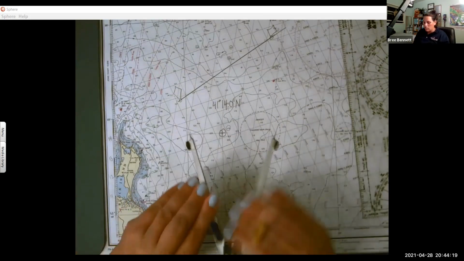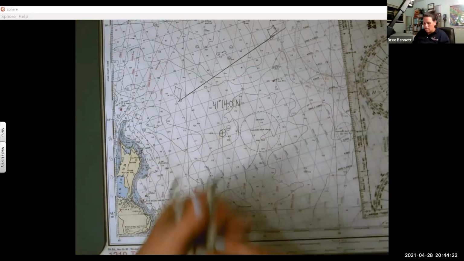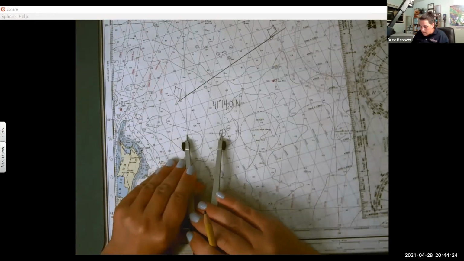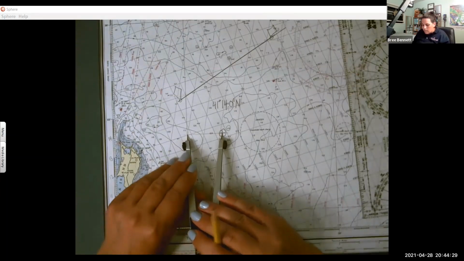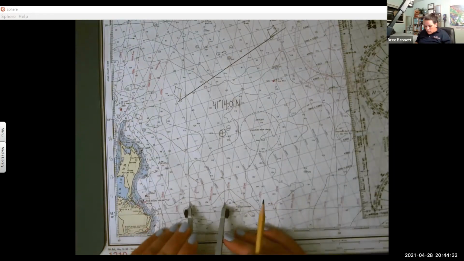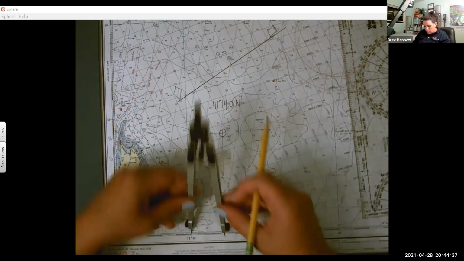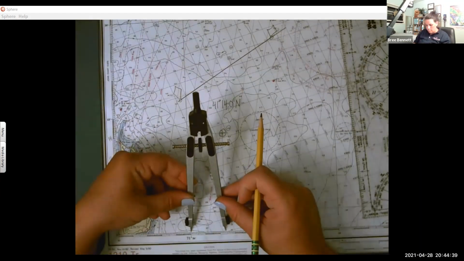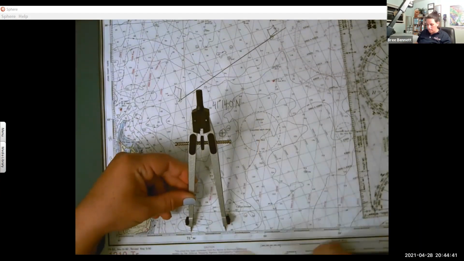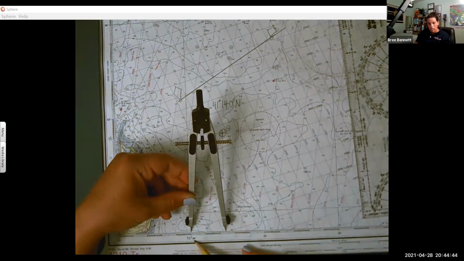To measure longitude, I'm going to do the same type of thing. Get our measurement. It's the same measurement all the way across the chart. So in this case, let me put my pencil there. If we can read it, here's our 7130. Here's 7125. So we have 26, 27, 28, and 29. So we have 27.